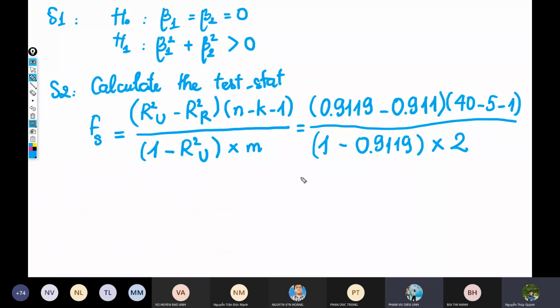Now, what is the value of F here? We got approximately 0.17.